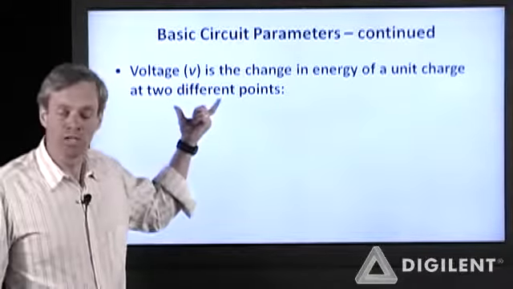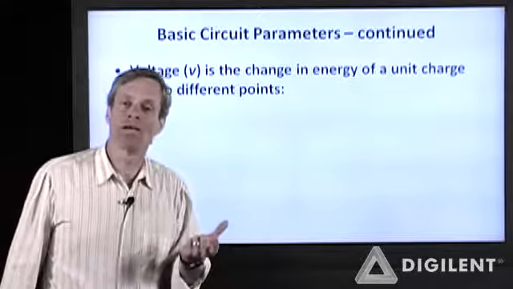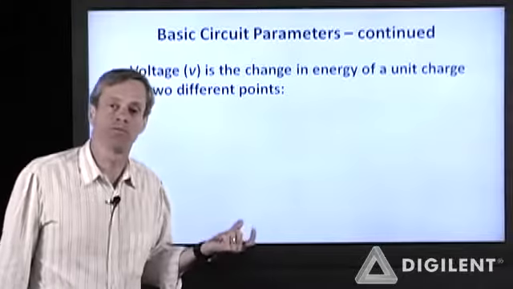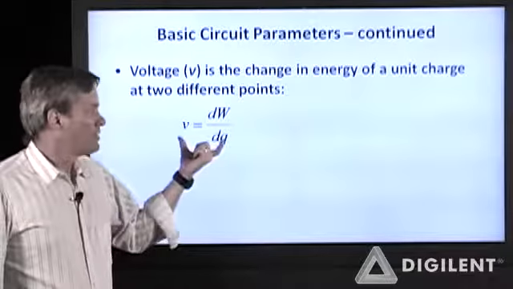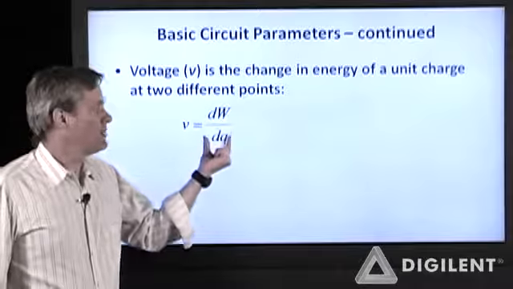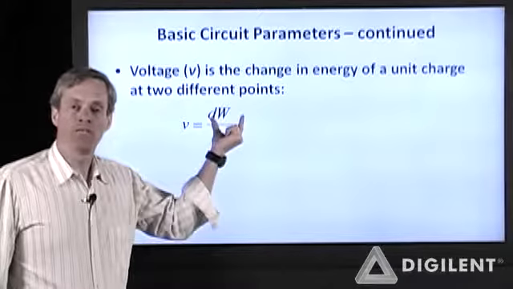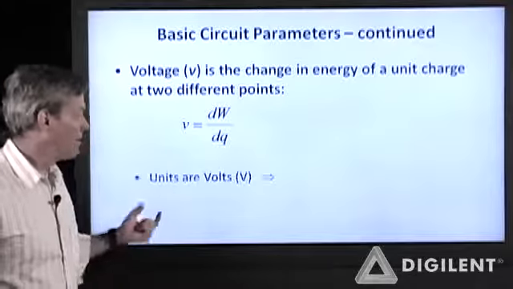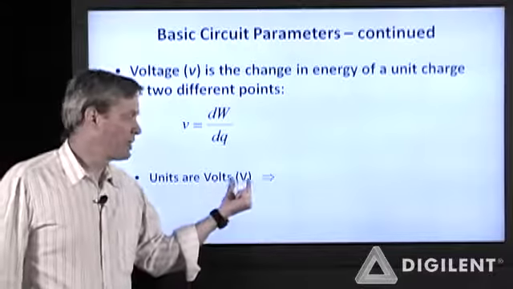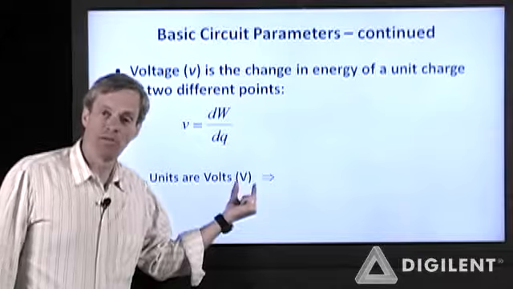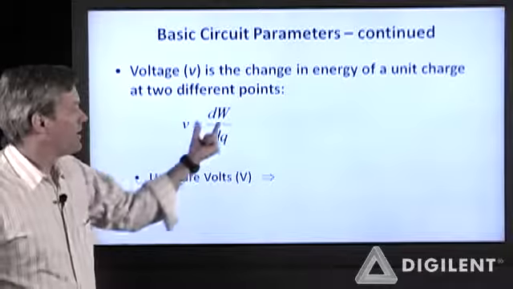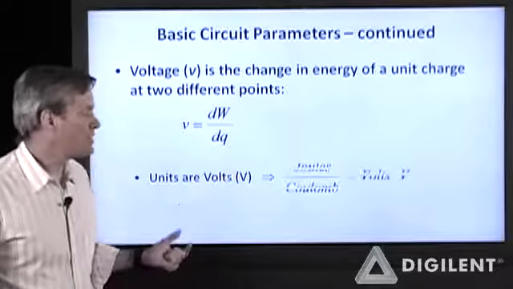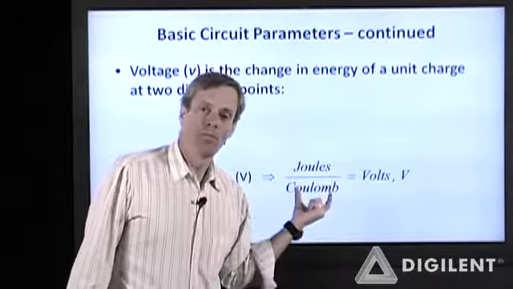There's going to be a voltage difference that characterizes the difference in energy of that one charge at two different locations. So voltage is dW/dq, or a rate of change of energy with change in charge. Units of voltage are capital V, volts. Units of energy are joules. Units of charge are coulombs. Volts are joules per coulomb.